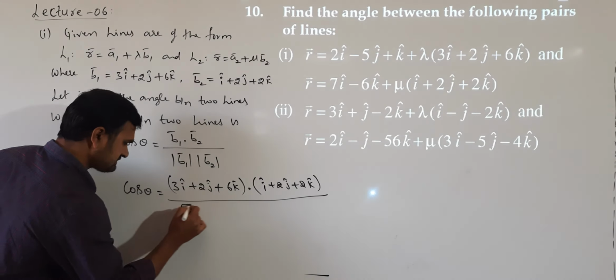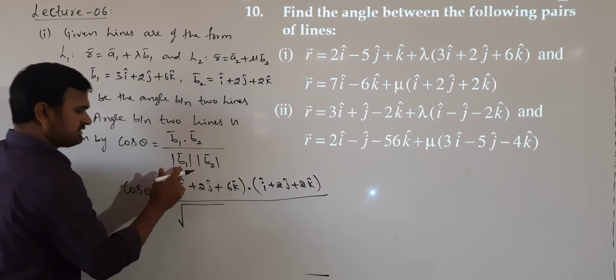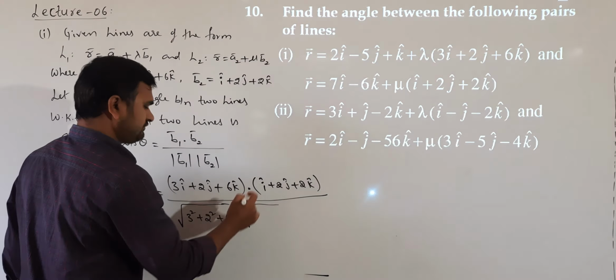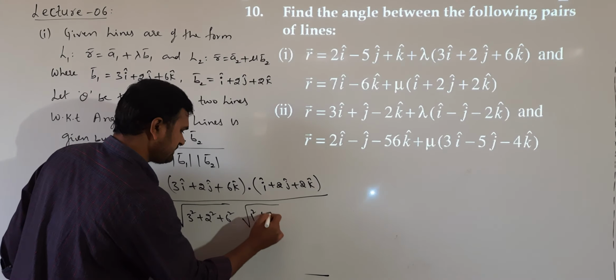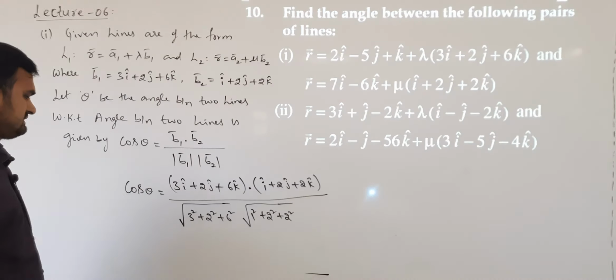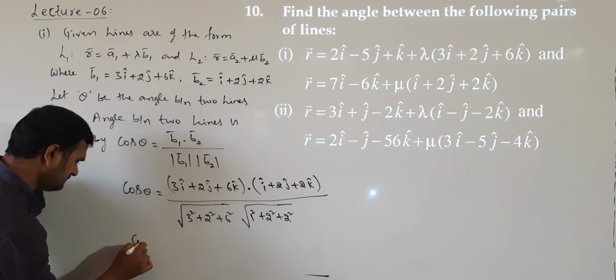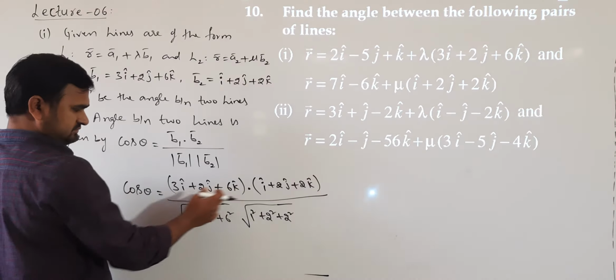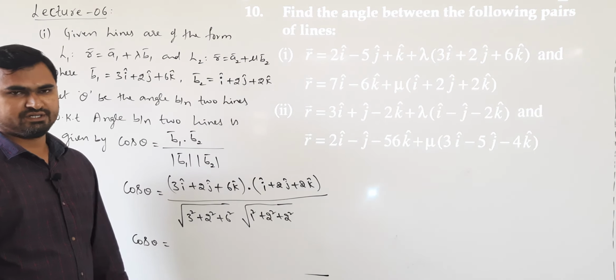What is the magnitude of first vector? b1 bar magnitude is root of 3 square plus 2 square plus 6 square into root of 1 square plus 2 square plus 2 square. Simplify. So cos theta is equal to, what is the numerator? Dot product. How do we take dot product?